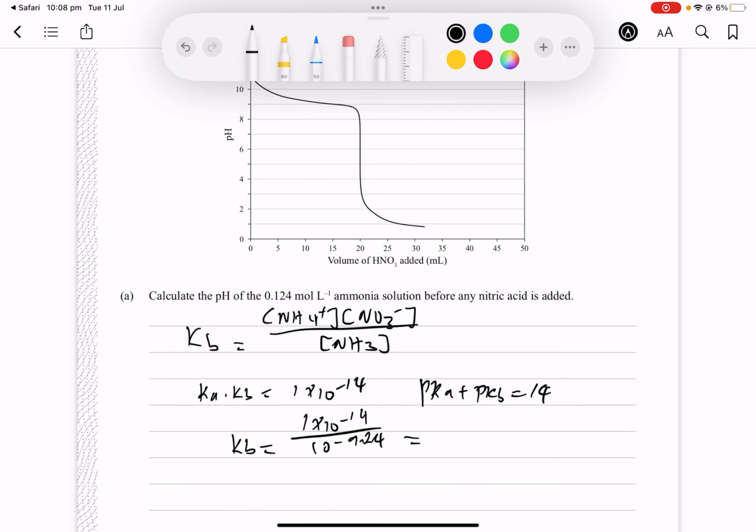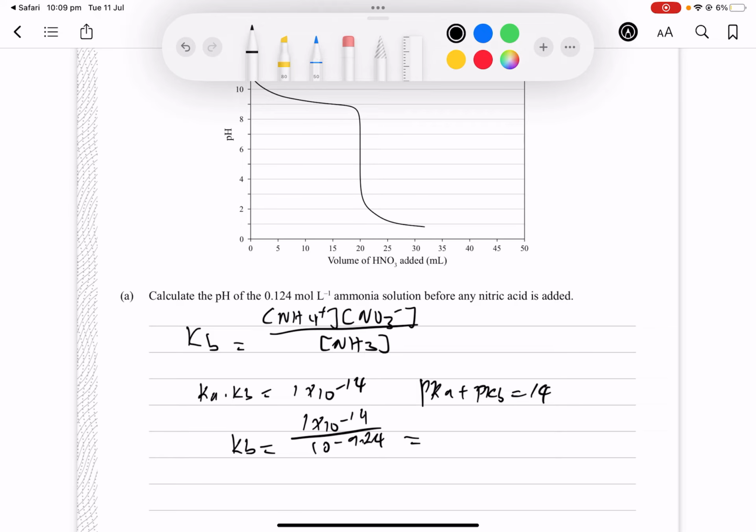Okay, so we have 1 times 10 to the power of negative 14 divided by 10 to the power of negative 9.24.